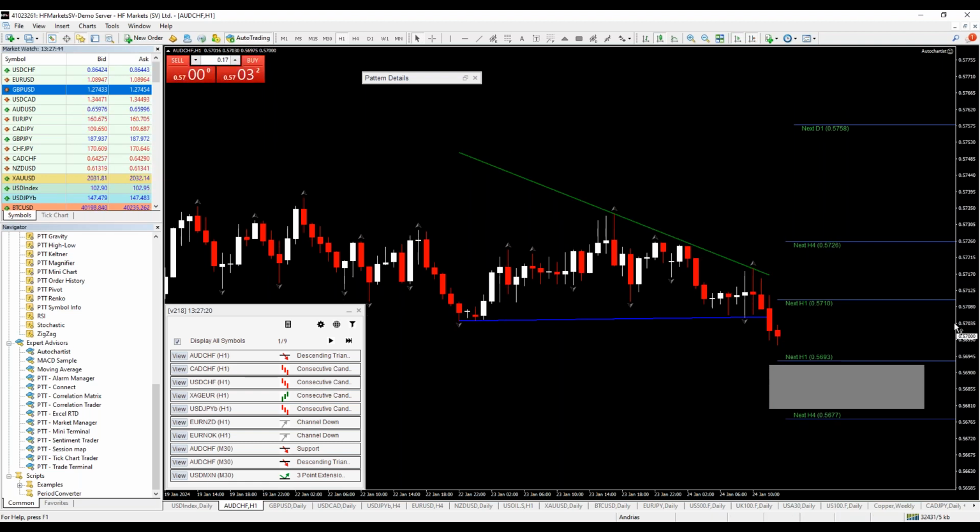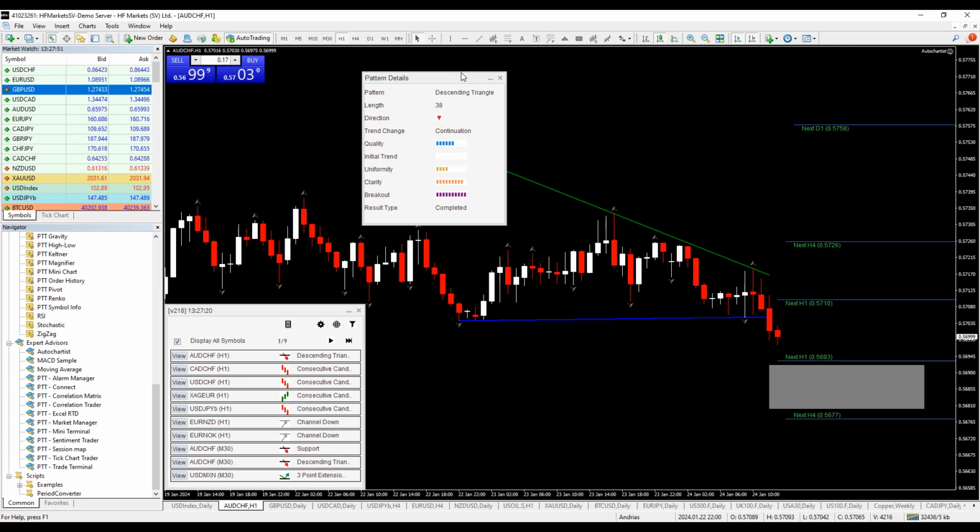Look at this beauty. Broken the descending triangle, something that indicates a bearish signal. The gray area, what is the gray area? The gray area is the target area. So Autochartist, other than scanning the market and providing you trading signals, also helps you identify target levels and stop loss levels as well.